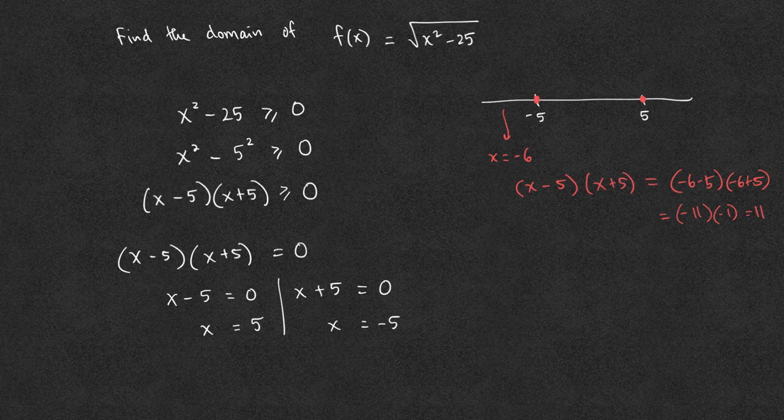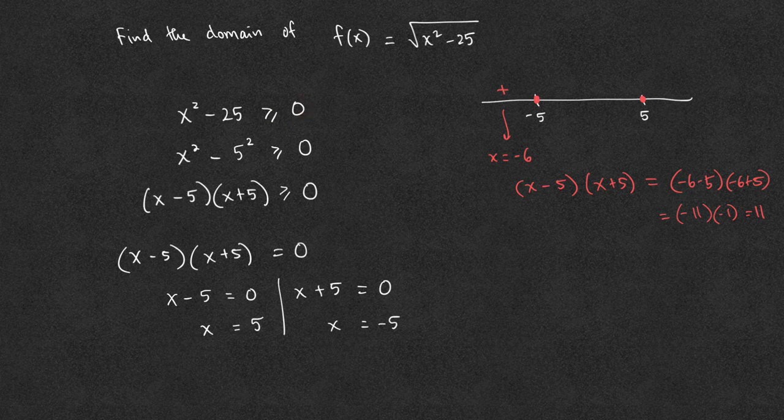What that means is that any number we pick from this piece, when we plug it into this inequality, will make the whole expression positive, which is good because we want the expression to be positive.